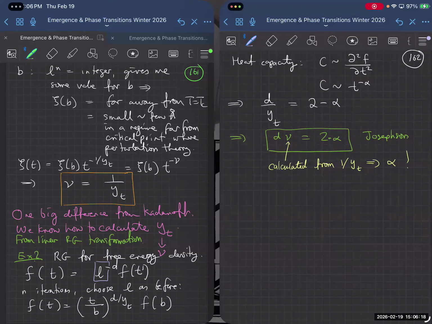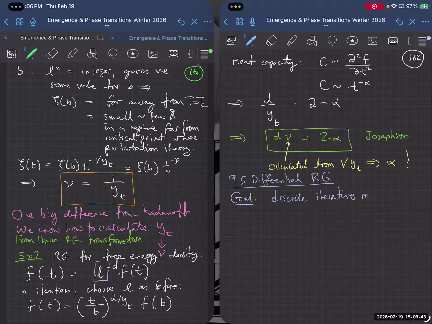This is in section 9.5 in my book, the differential renormalization group. And what is the idea here? Well, the goal is the following: doing discrete iterative maps, like we've been talking about up to now, is not that convenient.